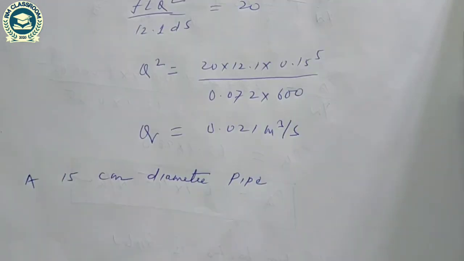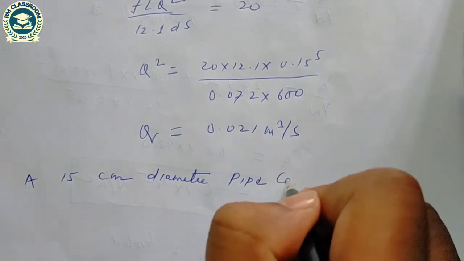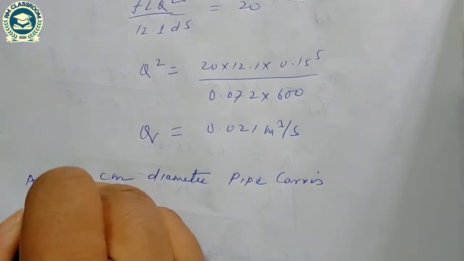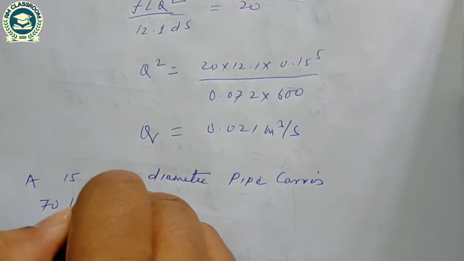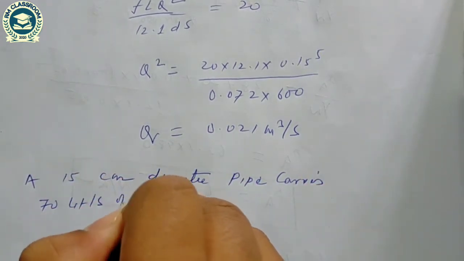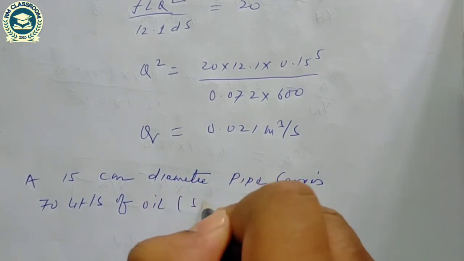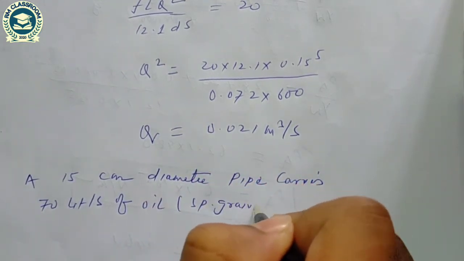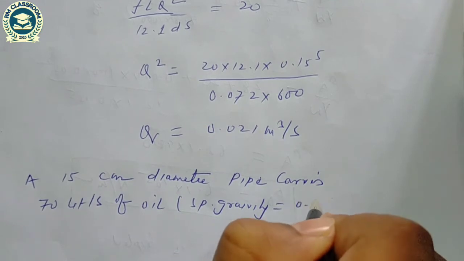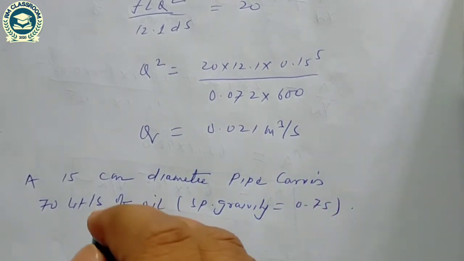Next question. A 15 centimeter diameter pipe carries 70 liter per second of oil, and specific gravity of oil is 0.75.